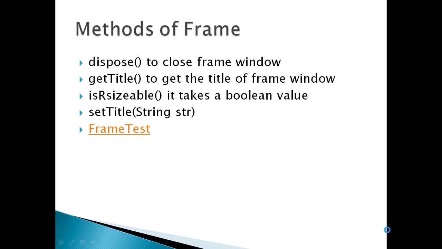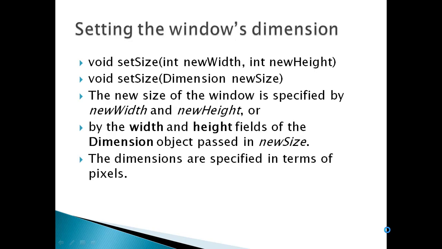To close the frame window, we can use the dispose method. getTitle returns the title of the frame window. isResizable returns true if it is resizable, and if it is not, it returns false. setTitle is used to set the title for the frame window. Its example we are going to study in the next lecture.